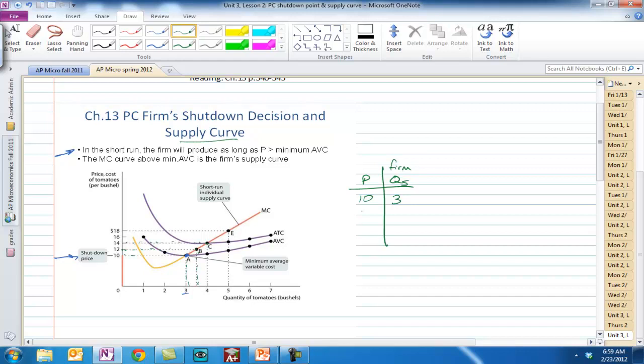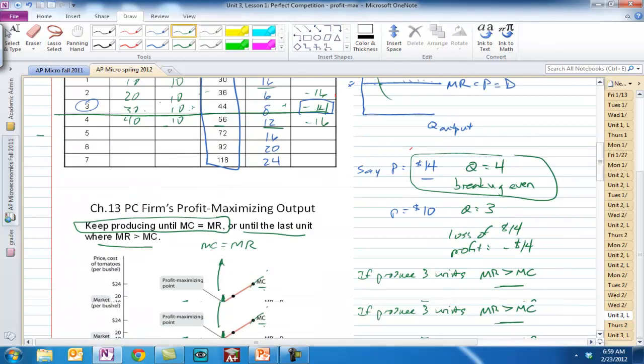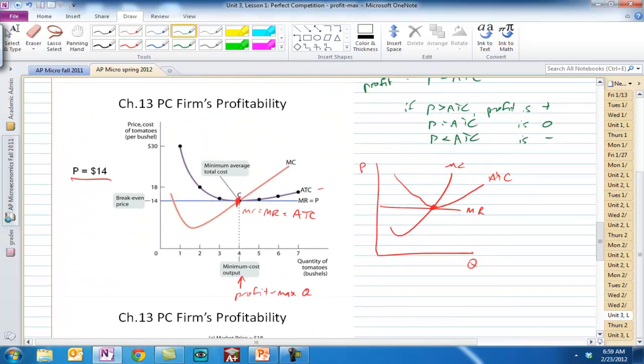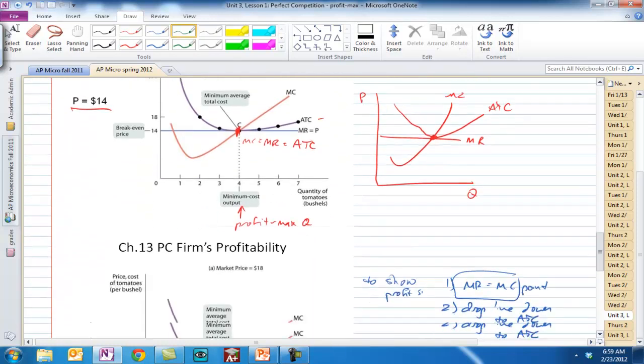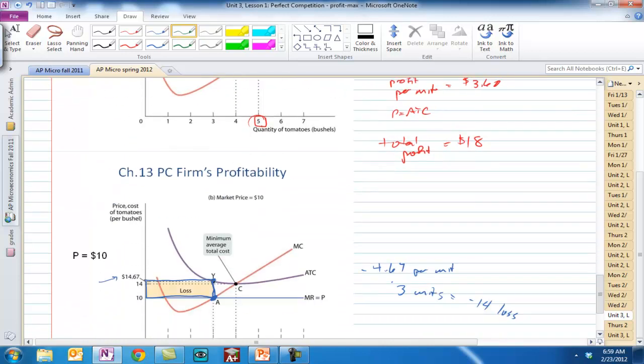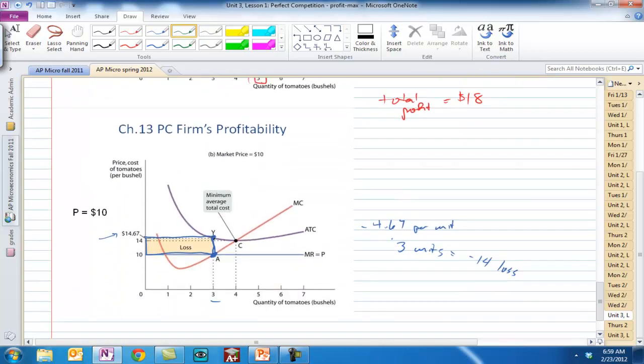If the price is $14, the firm will supply 4 units. And let's take the price up to $18. If the price is $18, the firm will supply 5 units. If we look back at the information that we went over in the previous lesson, that's what we found for each of these different prices. $14, supply 4 units, $18, 5 units, and $10, 3 units.